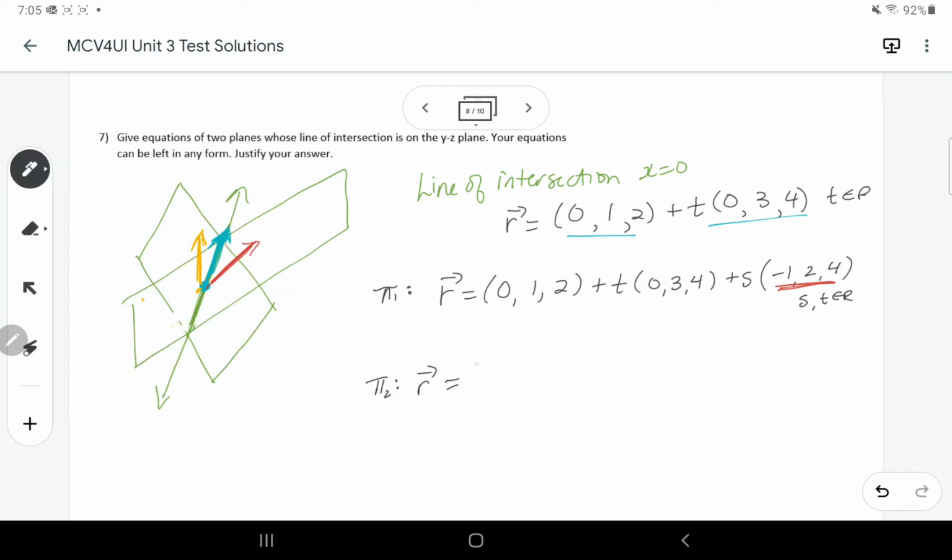And that's just some other vector that's not necessarily, and likely not at all, on that YZ plane. And you just throw in any other vector. So the trick was getting a line of intersection here, and then like that. S and T are any real numbers. And you could leave it in vector form. You didn't have to change it to any other form.